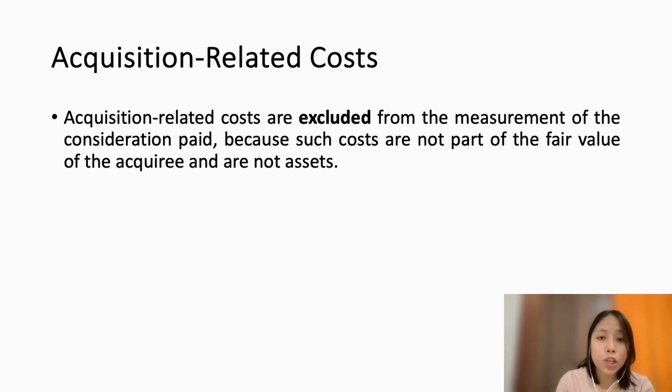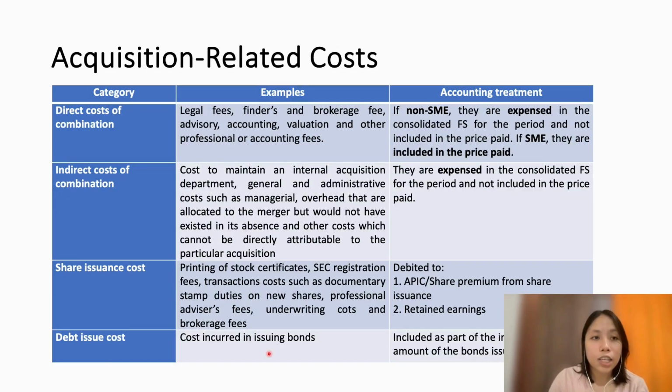Instead, acquisition costs are accounted for as follows. Direct costs of combination, which include legal fees, finder's fees, and brokerage fees, are expensed outright, unless the acquirer is an SME. If the acquirer is an SME, then direct costs of combination are included in consideration transferred.